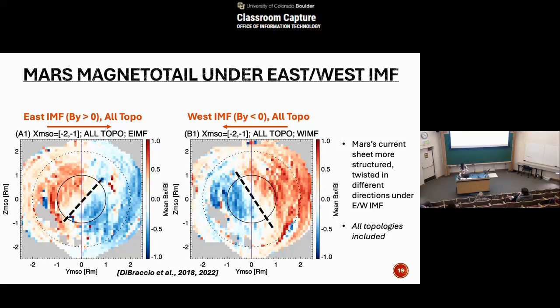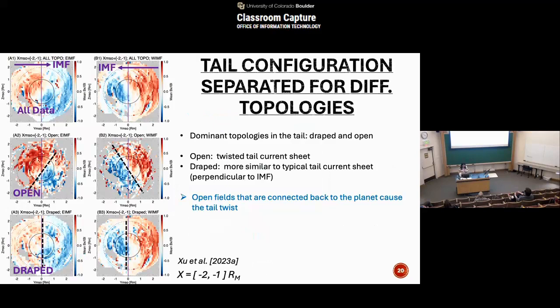Right, so this is to show, again, similar to the previous slide. At Mars, if we separate the tail lobe by east IMF and west IMF, we see the current sheet is tilted, but tilted in opposite directions. What's more interesting is if we do the same mapping of the tail polarity by open topology versus draped topology.